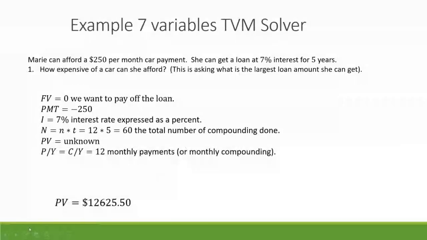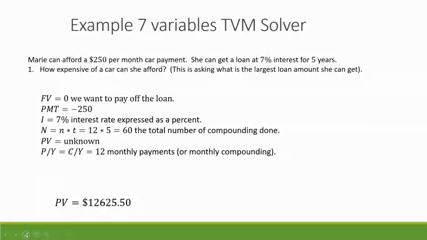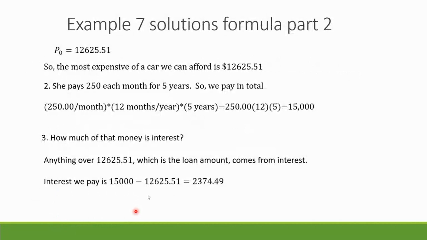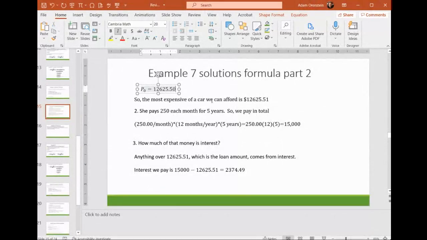So either way we get the loan balance to be $12,625.50. Now, why did I have 51 there? That must be a typo. Anyway, let me fix that. So it should be 50 cents, not 51 cents. So sorry about that.